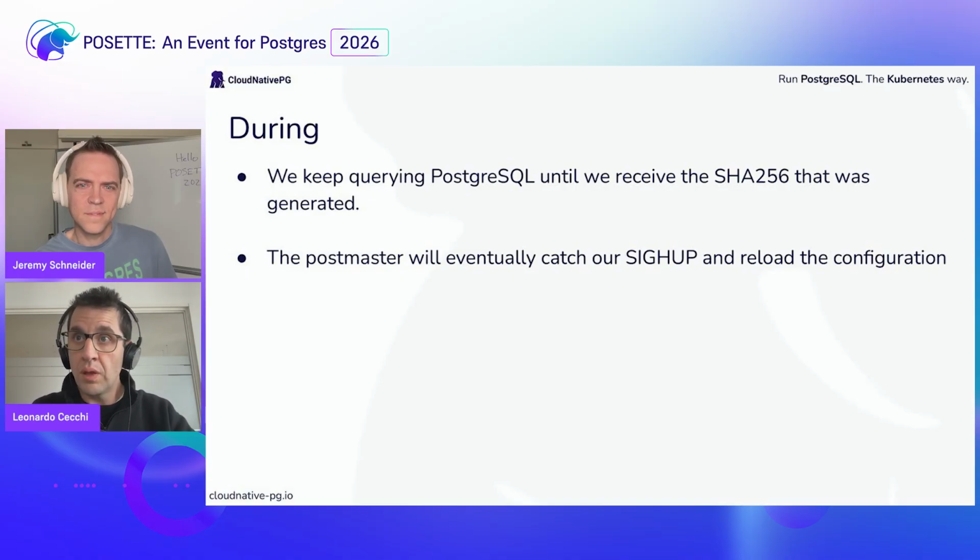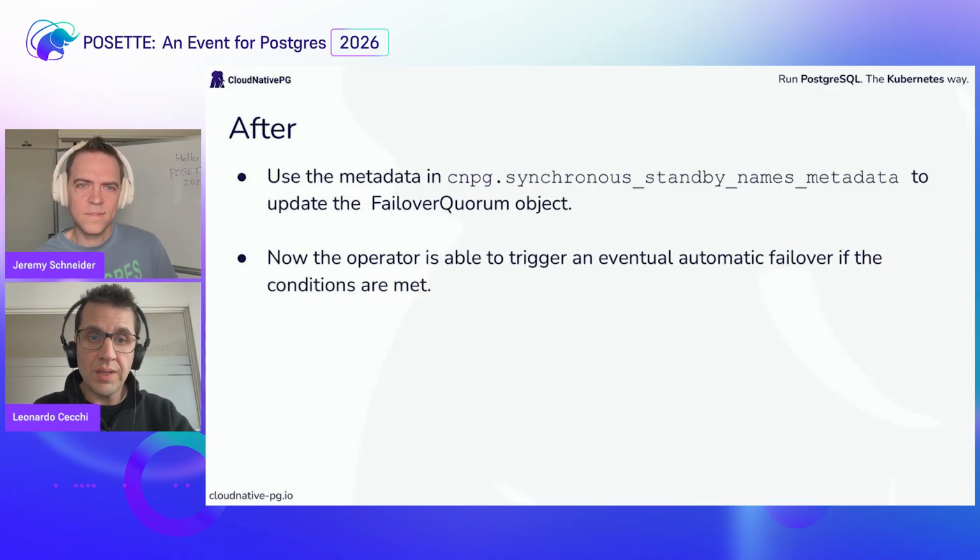So when we get back the hash, we are sure that the configuration was loaded. And after that, what's going to happen? So in the next slide, we can see that we can read back our JSON string. And this is exactly what we need to update the failoverquorum object.